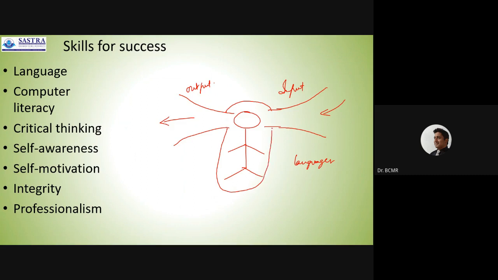And this is the one that has to do with thinking, or actually the whole of processing. And processing includes thinking properly, and executing or deciding based on integrity. I mean, that is honesty and professionalism and so on. Self motivation, self awareness, thinking, integrity, and professionalism.